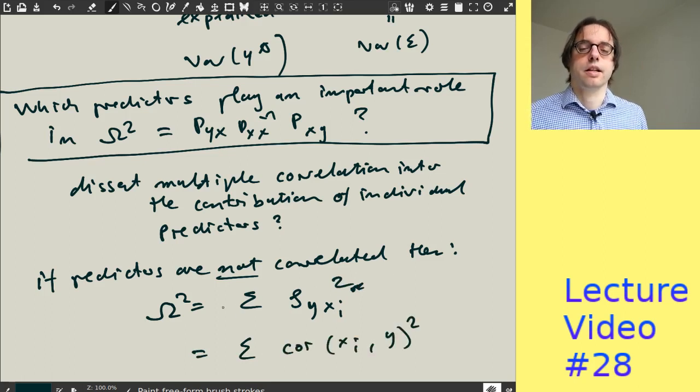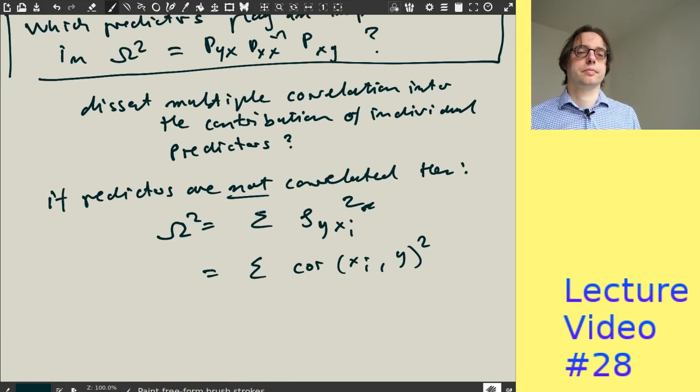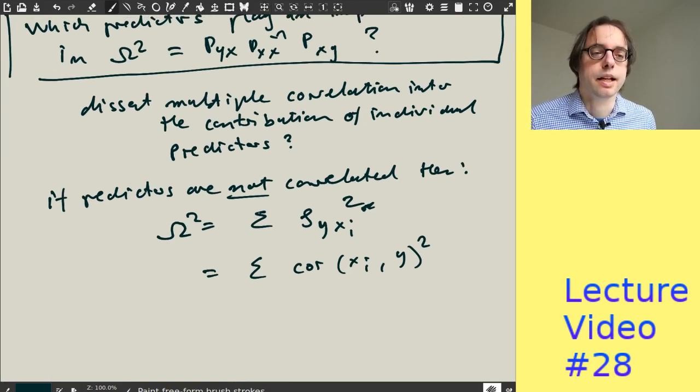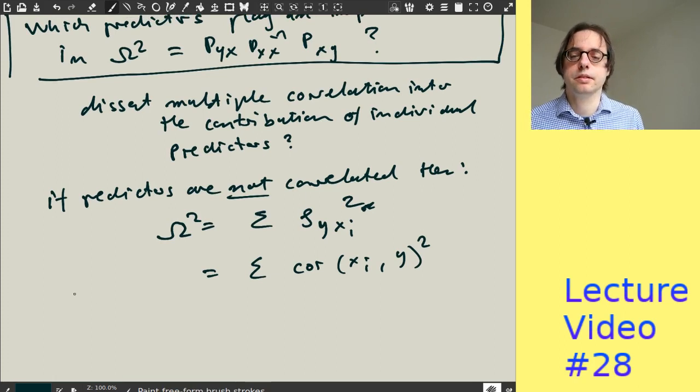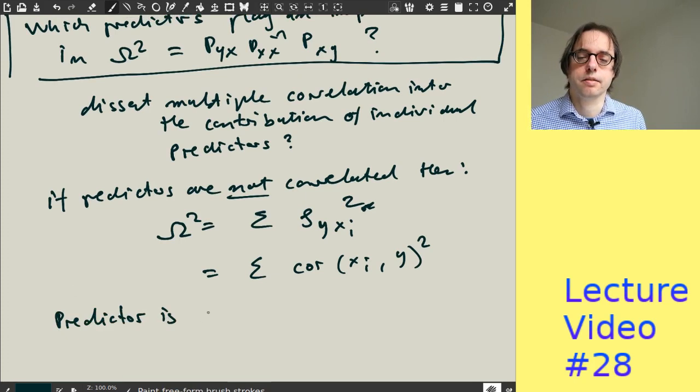So this means a predictor is more important the higher the correlation with the response, the more important the predictor is in explaining the data.